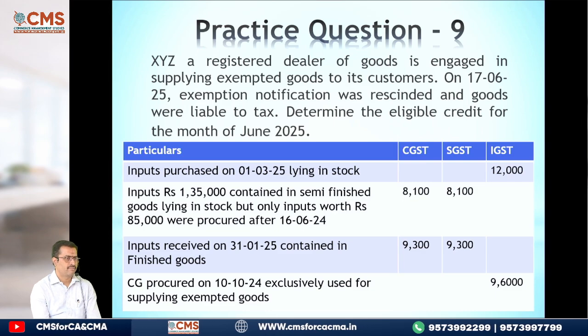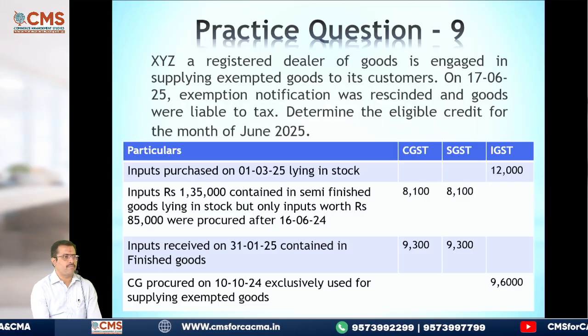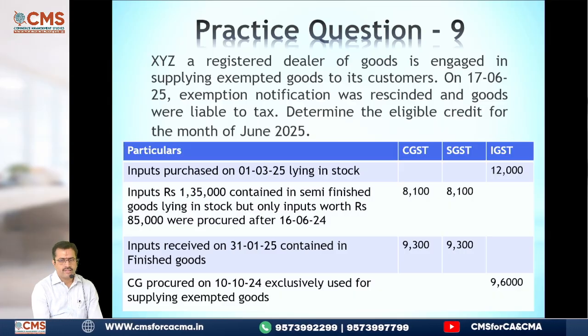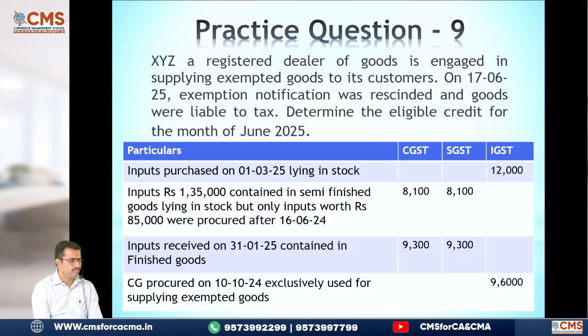Better. So don't get confused, what is 15%? It is 5% for 3 quarters. Chalo, tell. 81,600. That amount only you can avail now.